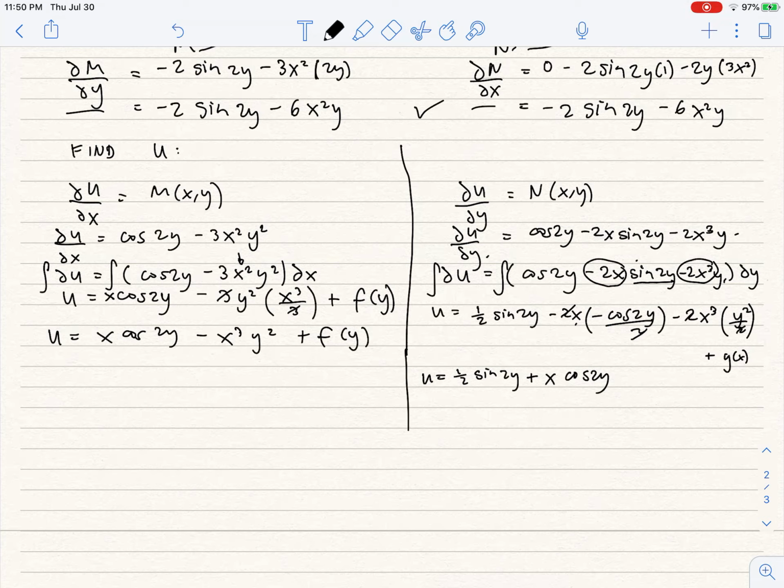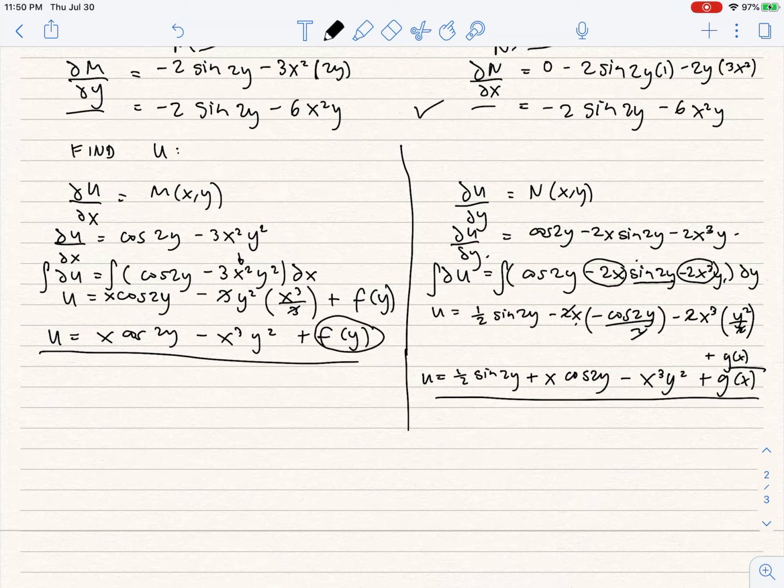Then cancel ni. So this is just negative x cubed y squared, then of course plus g of x. Okay, so since we now have the values of u, next thing to do is find the value of f of y and g of x.